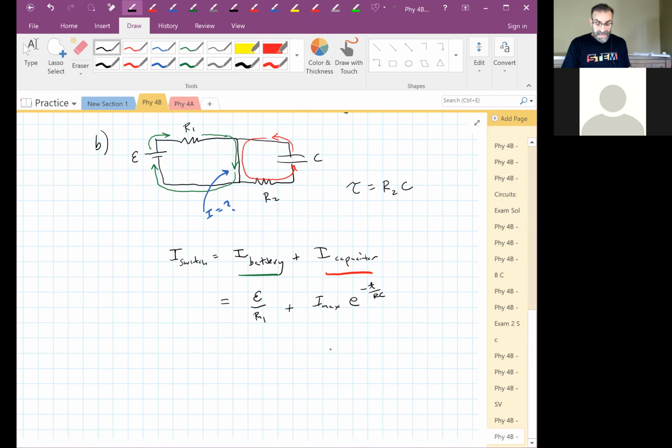And what is I maximum? That's that initial current that flows when the capacitor is at its maximum charge. So it's the voltage on the capacitor. It acts like a battery at that point, right? The voltage on that capacitor divided by the resistance R2. And what is the maximum voltage? The battery, because it was charged up by the battery.